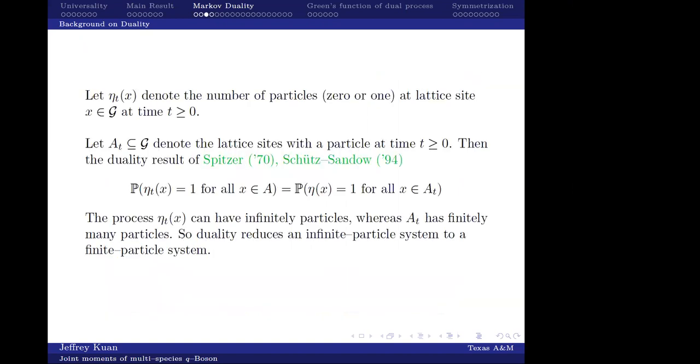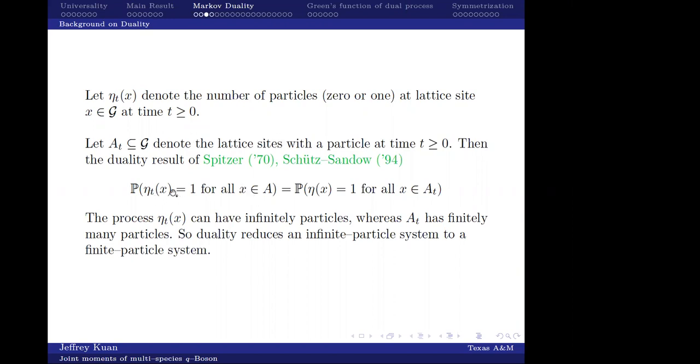And so duality holds for symmetric exclusion processes on a graph. You have two ways of denoting a particle. There are particle variables: you denote by eta of X at time t the number of particles, so 0 or 1, at the site X. You can also define the occupation variables, which is just a set of occupied sites.